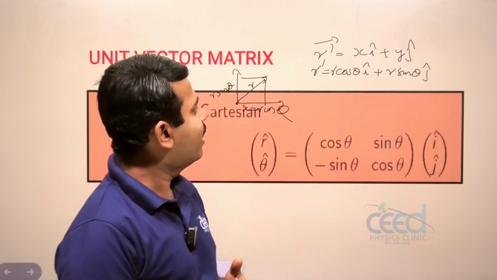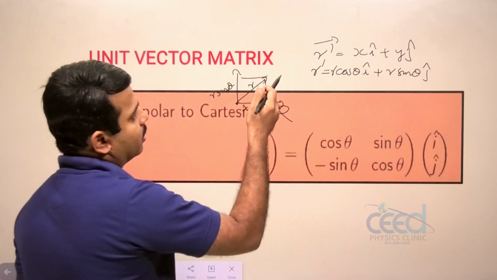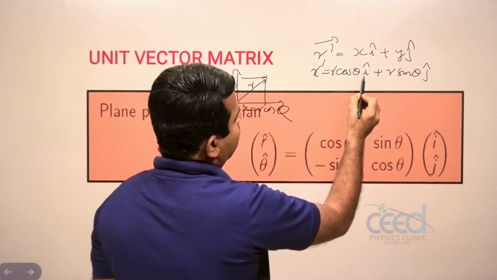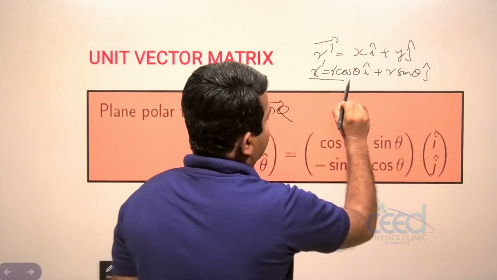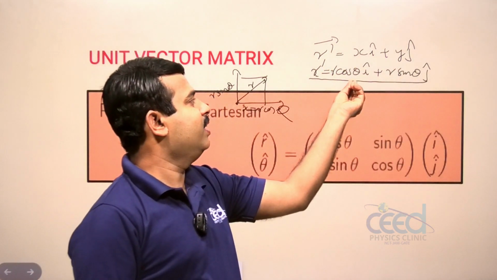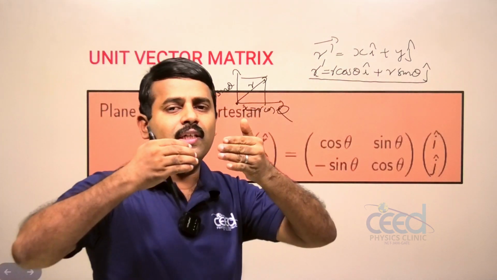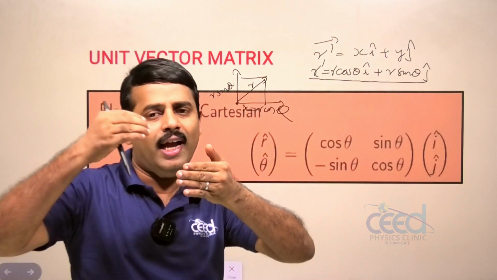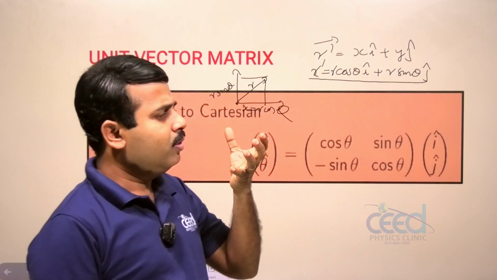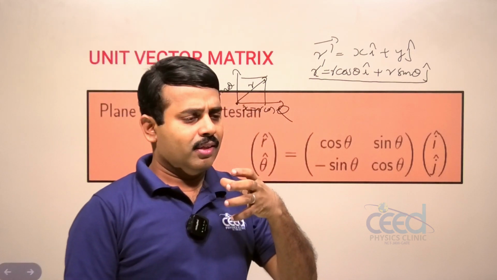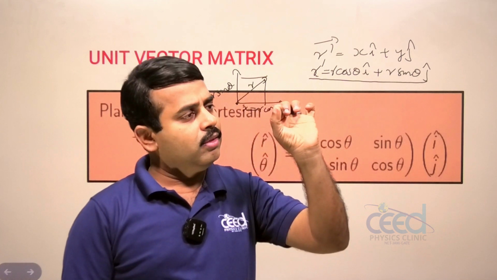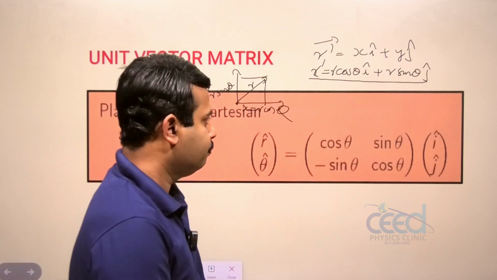Now I require this r dash. Now I require a connection between r cap, theta cap and i cap and j cap. Let me think in one way. What is the length element we studied in the plane polar coordinate system?